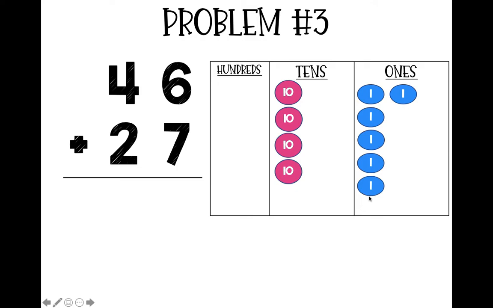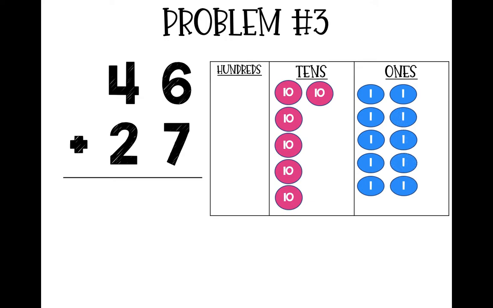Can you guess what we do next? That's right, we need to draw 27 more because our vertical form tells us to add 27. So let's add 27 by drawing 2 more tens, 1, 2, and 7 more ones, 1, 2, 3, 4, 5, 6, 7.